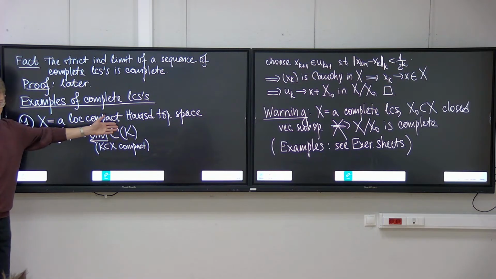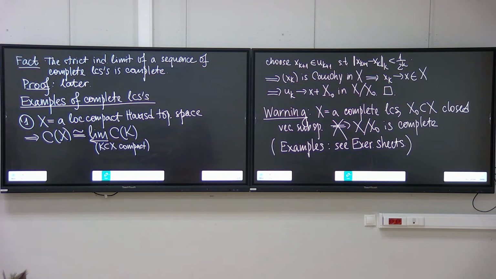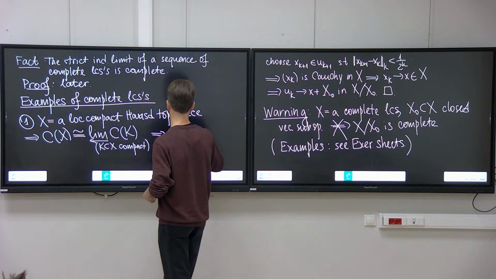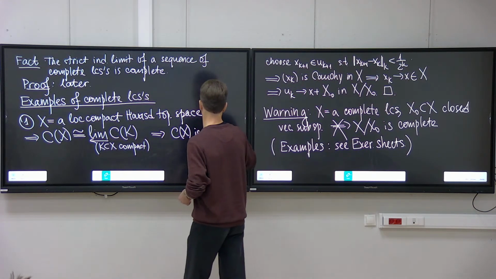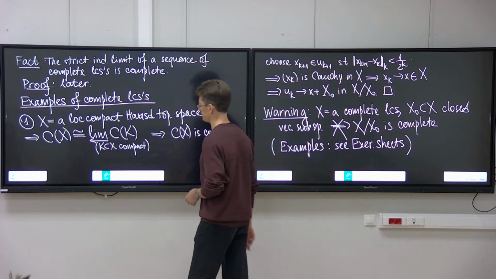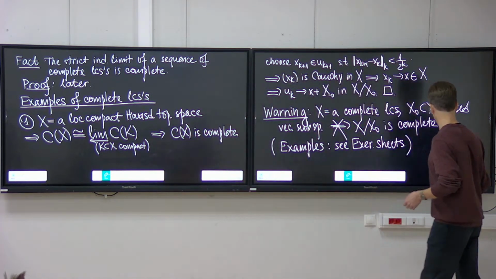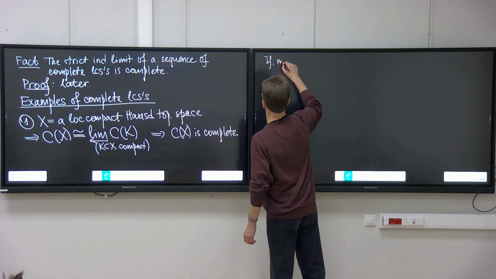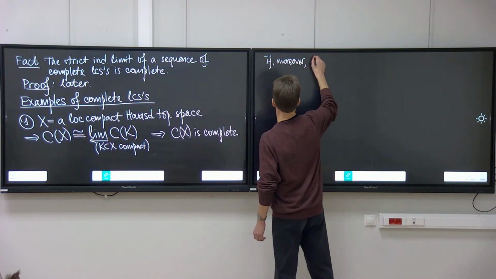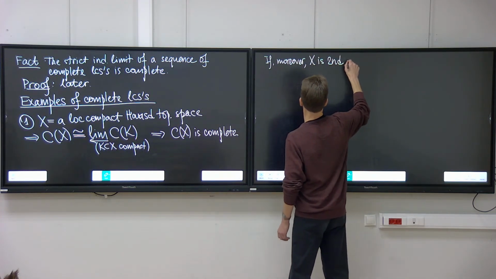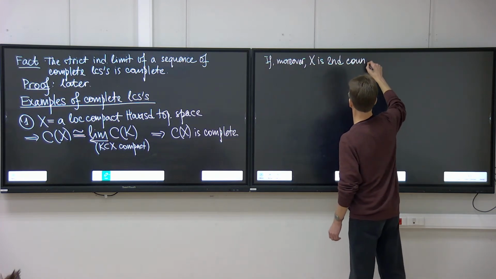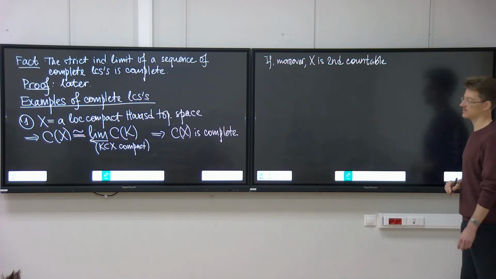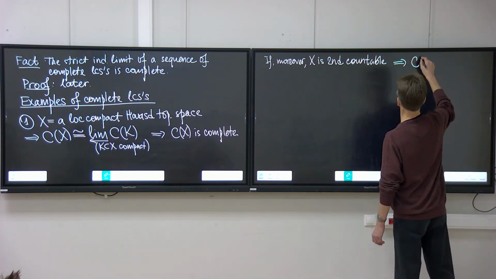So C of K is a Banach space, of course, for the supremum norm, and we know that the projective limit of complete spaces is complete. And so this implies that C of X is complete. And if moreover we assume that X is second countable, that is, has a countable base, then we know that in this case C of X is metrizable, and so it is a Fréchet space.